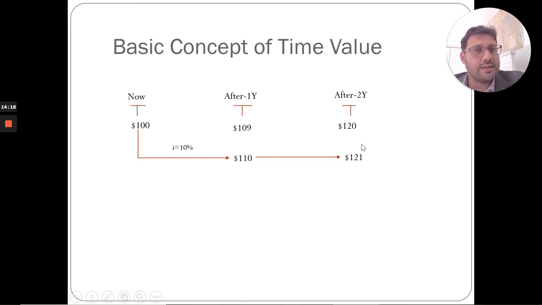So this concept where we are reevaluating different cash flows, like the different alternatives which are involving different time periods, and reevaluating the cash flow at the same point in time in order to make a sound financial decision, comes under the umbrella of the concept of time value of money.